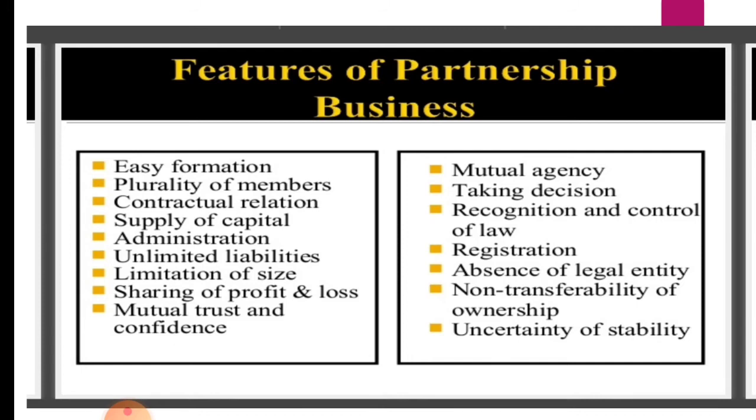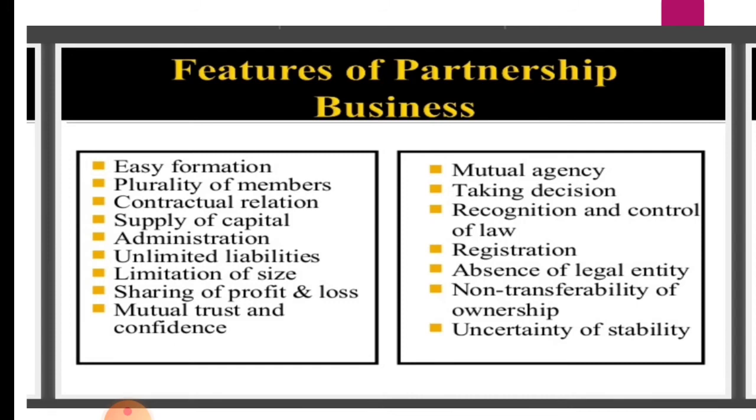Administration. Since a lot of people are involved, minimum 2 partners are needed for forming a partnership firm. Since there are 2 members, they can decide what things they can do in case of managerial ability, other skills, and also administration, how it can be done.